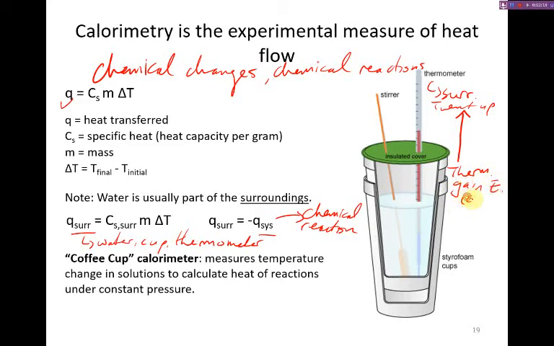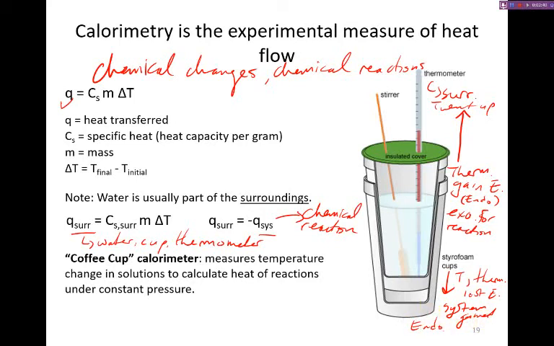So it was endothermic for the thermometer, but exothermic for the reaction. Conversely, if the temperature goes down, then the thermometer lost energy and the system gained energy. And so we would say that that's endothermic.